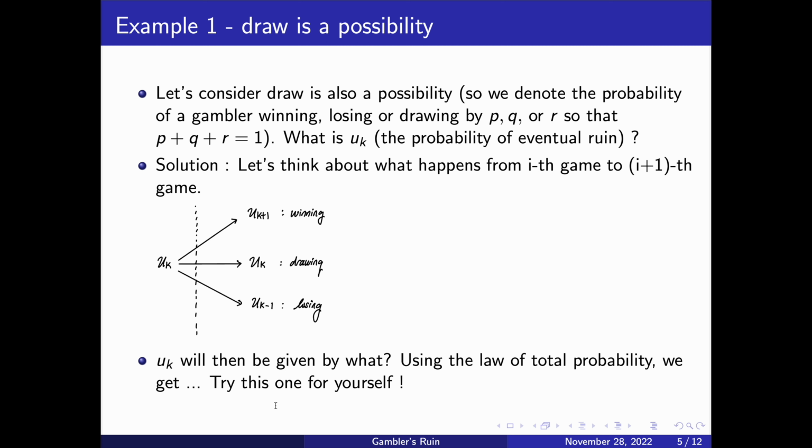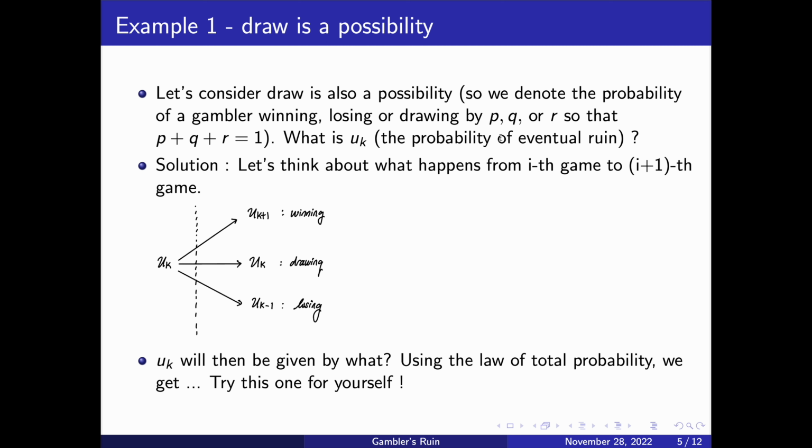So let's consider that possibility of a draw, and we can denote those probabilities by P, Q, and R. So P is the probability of player A winning, Q is the probability of player B winning, and R is the probability that both of them have a draw.